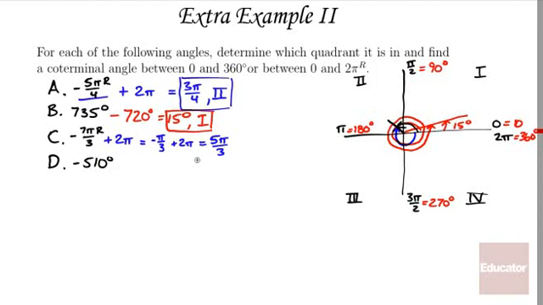We just have to figure out which quadrant it's in. So 5 pi over 3 is a little bit bigger than 3 pi over 2. 3 pi over 2 is 1.5. 5 pi over 3 is like 1.67. Let me erase some of these extra angles. They're getting in our way.